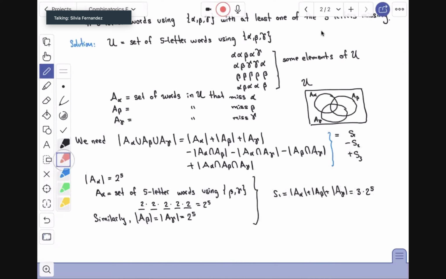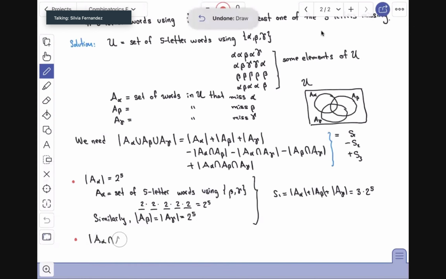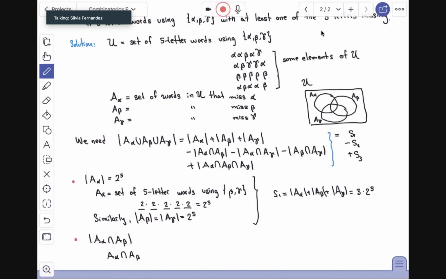Now let's look at, so that was kind of the first part. The second part, let's look at the cardinality of A alpha intersection A beta. So what is A alpha intersection A beta? Well, they're supposed to miss alpha and beta. So this is the set of 5-letter words using gamma.